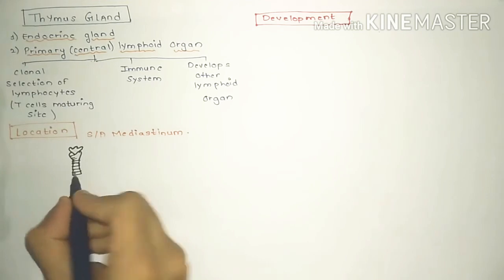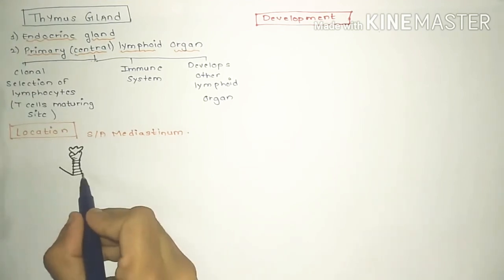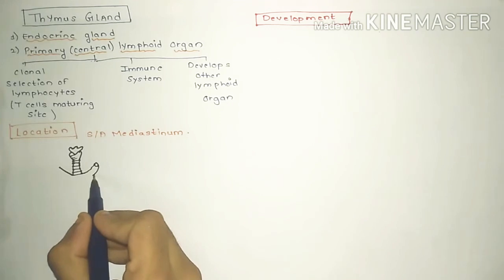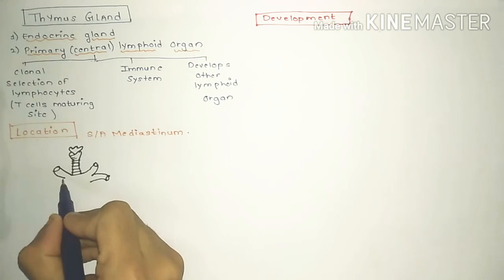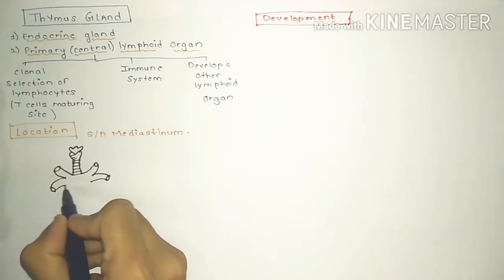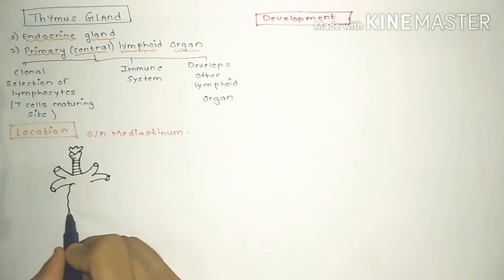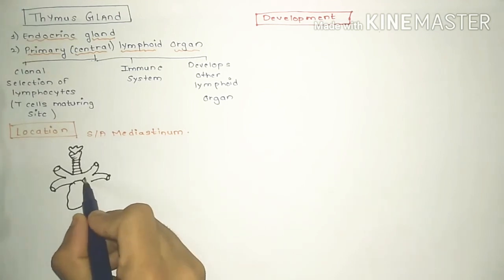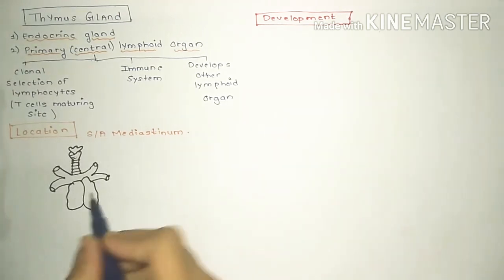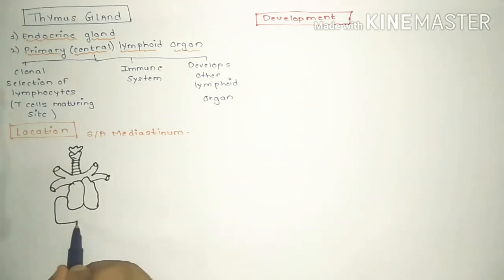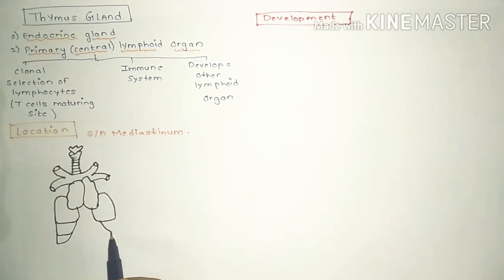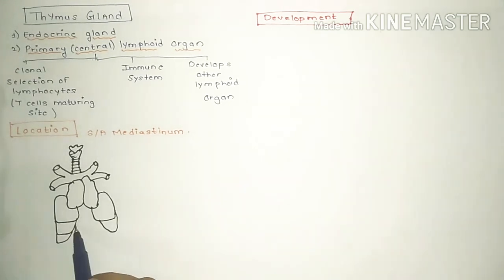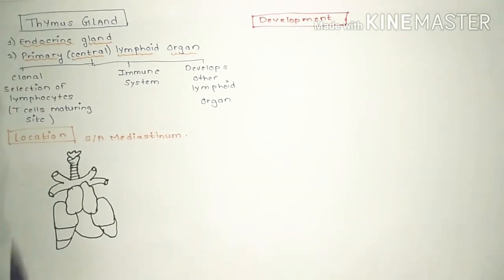So this is trachea. And here comes the lobe of thymus, and this is another lobe of thymus, and here lie the lungs. And beneath thymus, in between lungs, there is heart.